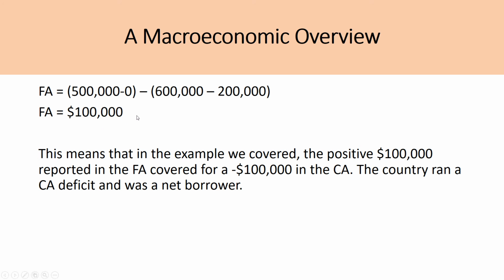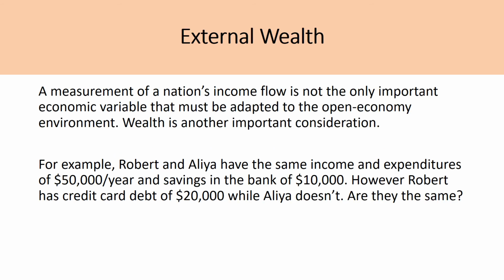With the financial account, we have $100,000 coming into the country. Why do we need that $100,000? Well, to make up the $100,000 deficit in the current account, whether there were net imports rather than net exports, or we needed to cover net factor income from abroad. That money that was taken from the financial account balances out the deficit in the current account. So that's really important to understand.